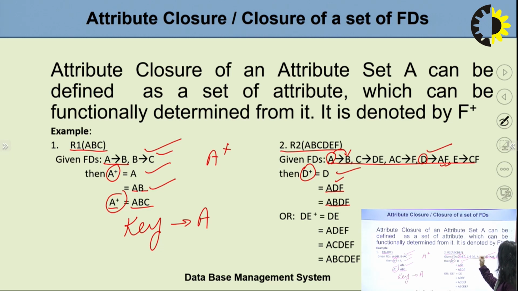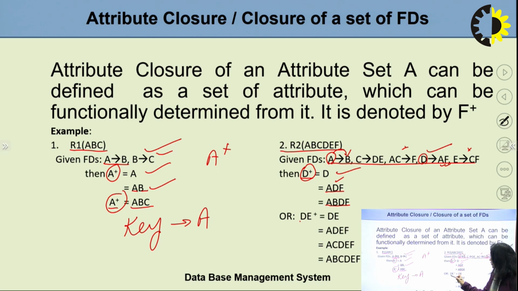No, we cannot determine anything more from these functional dependencies. So the attribute closure of D is A, B, D, F. This many attributes can be determined if we have D, right?